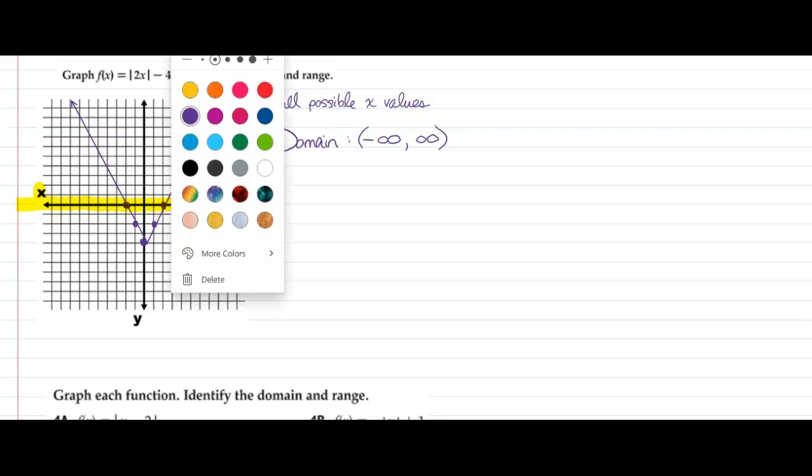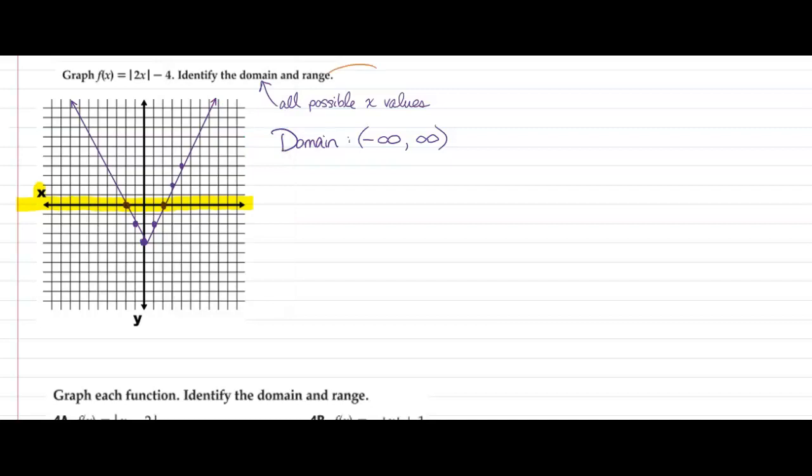Let's talk about the range. The range, you guessed it, is all the possible y values. So I'm going to do the same thing again. I'm going to get rid of my yellow highlight right now. Let's look at the y values. I'm going to start where I see the graph. There's graph to the left and right of me. There's still graph to the left and the right of me. There's still graph, all the way until I get to here.